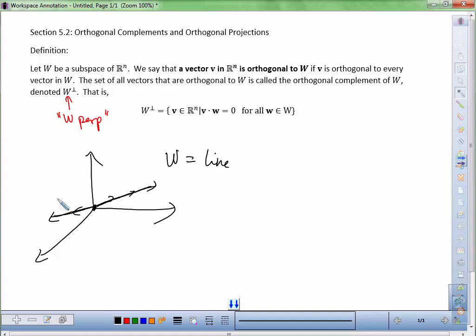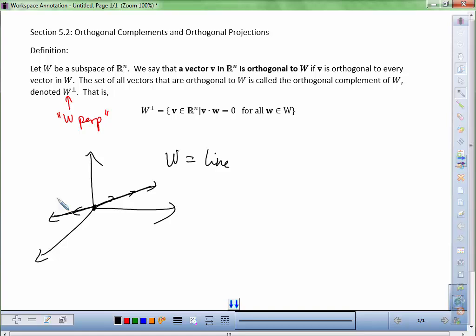What do you think W perp is going to look like? A plane. It'll be a plane. Some more about the plane? Perpendicular to that line, right? And one more piece of information about the plane?